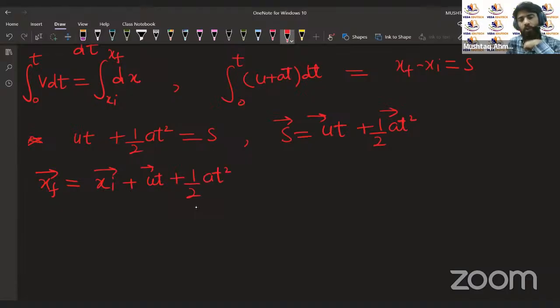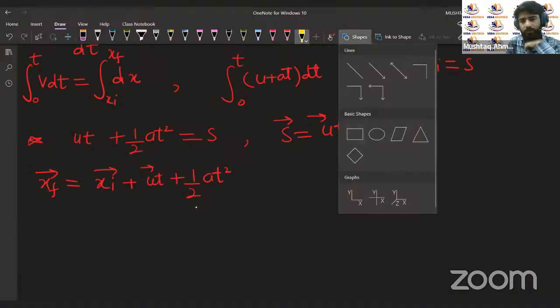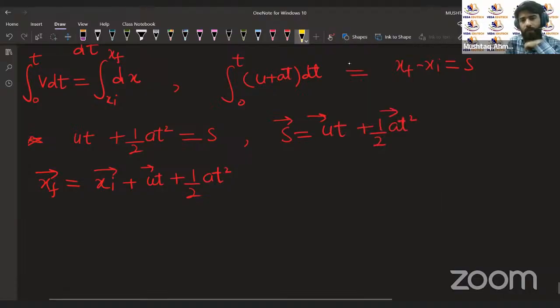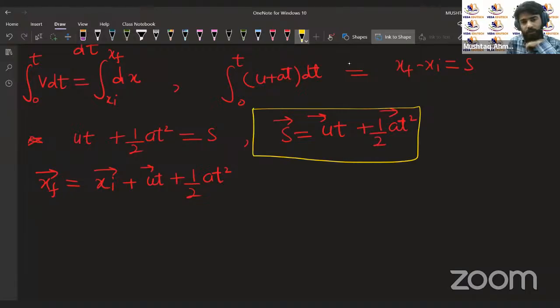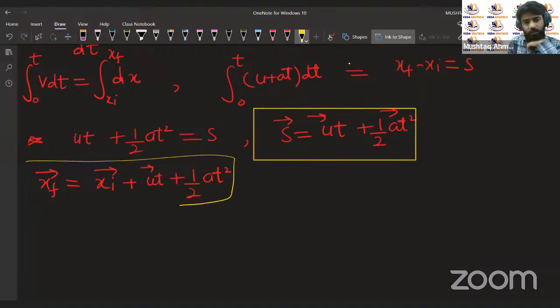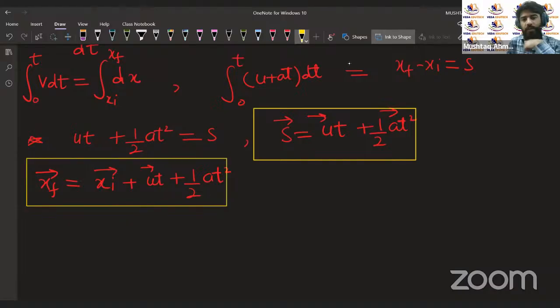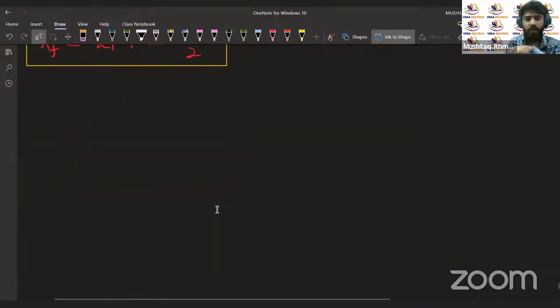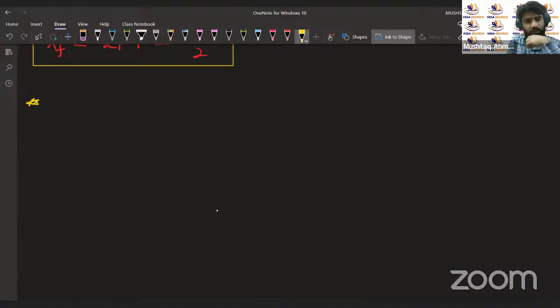So these are the three important equations of motion, right? We can write these equations of motion in this form also, because it's a very important form. Summarizing all of them: the first equation we calculated was v equals u plus at.